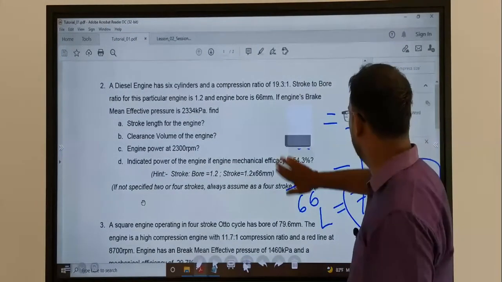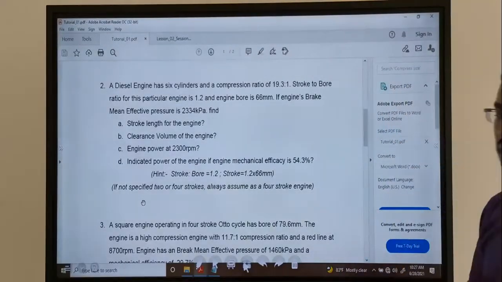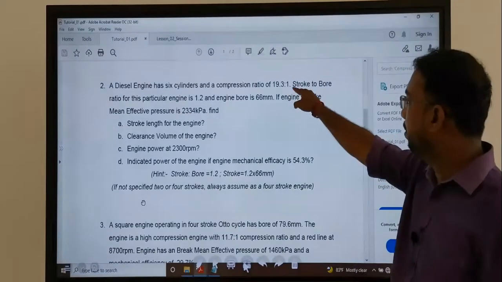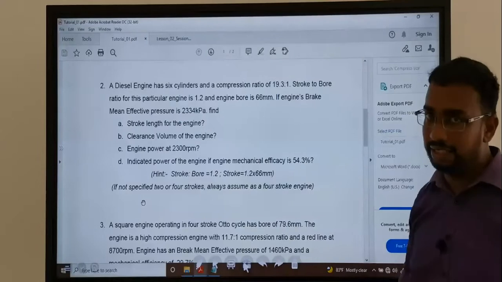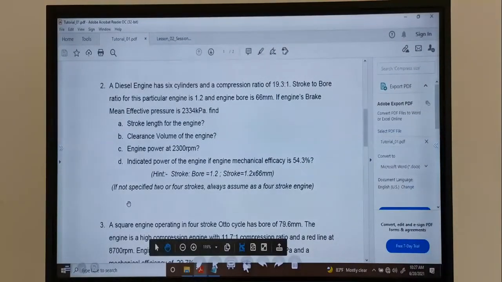So now we know the stroke length and bore, and the compression ratio also we know, 19.3 to 1. So the clearance volume of the engine, we already saw the same things. This is not the capacity, this is clearance volume. VC, we have to find the VC.